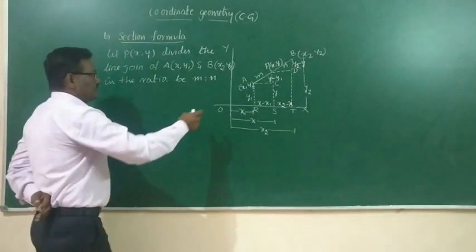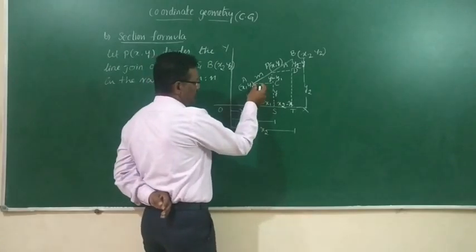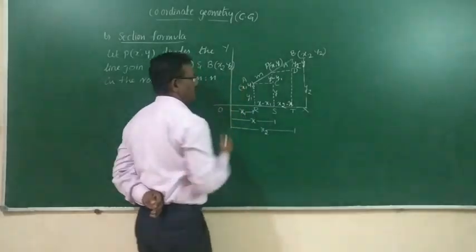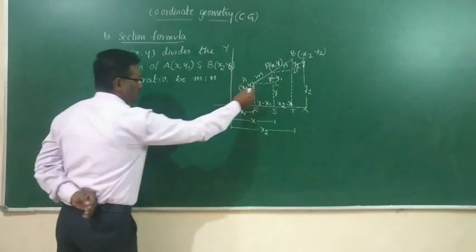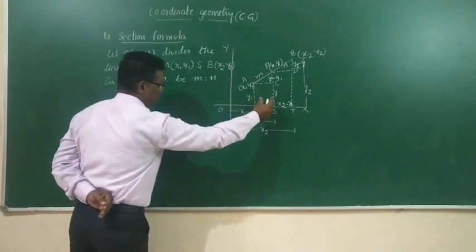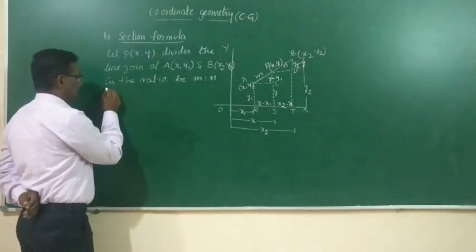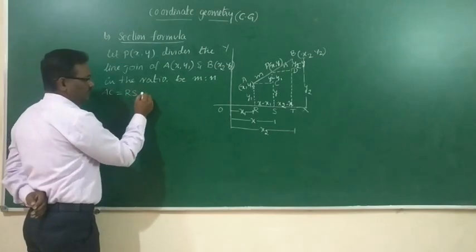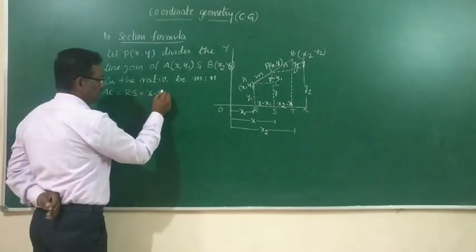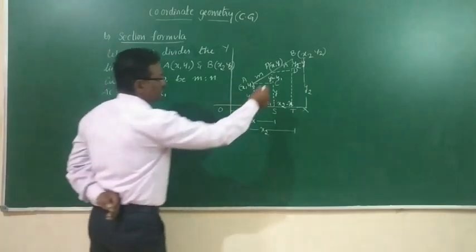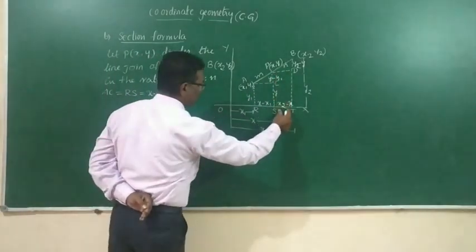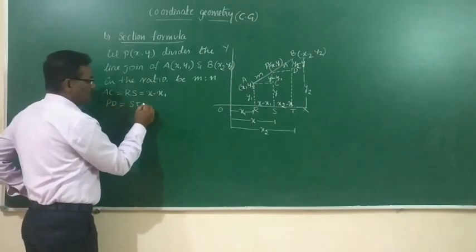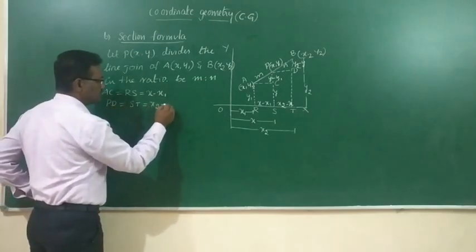So, for the right triangles, when you observe here ACP, PDB, we have to take one by one: AC equal to RS, that is x minus x1, and PD equal to ST, which is nothing but x2 minus x.